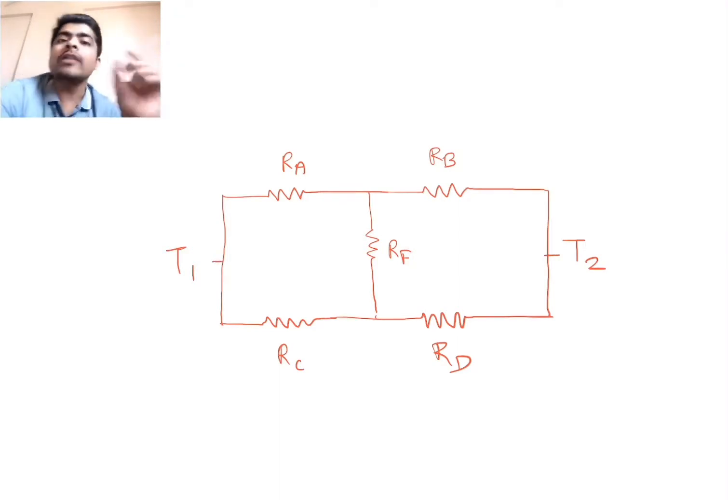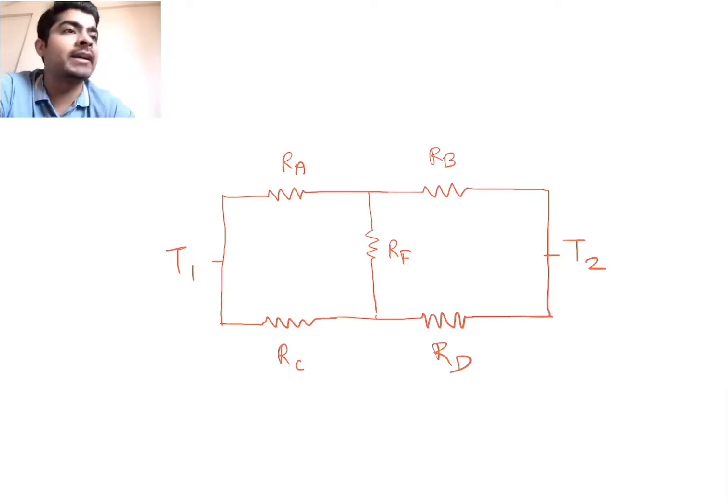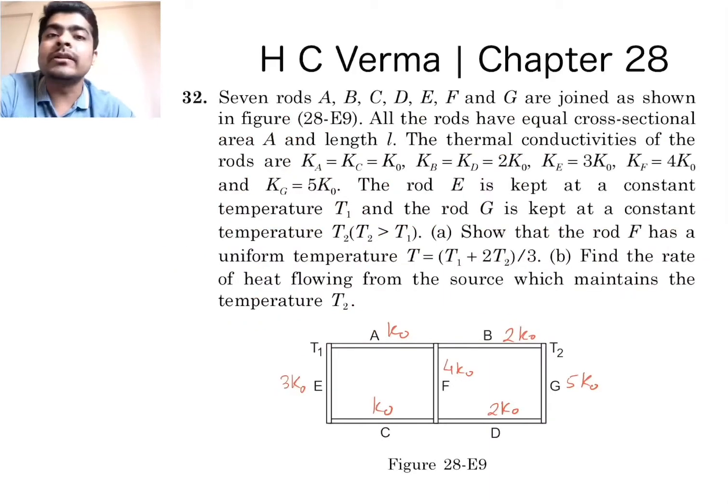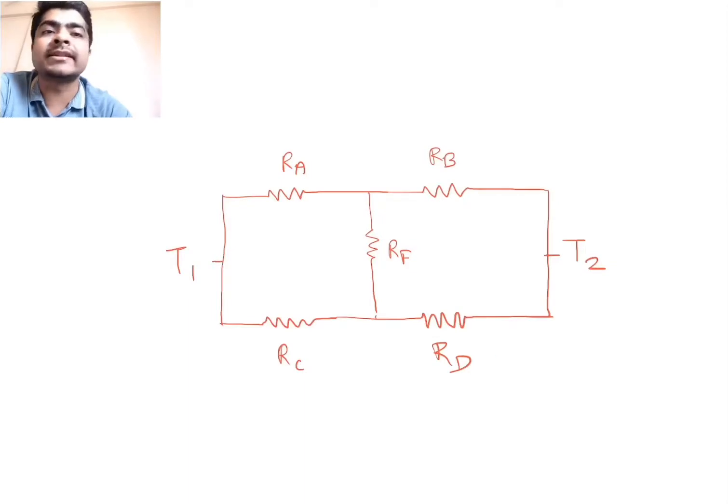Now all the rods have same length and area of cross section, only conductivity is different. So rods A and C have same conductivity, which means the resistance of rods A and C is equal.